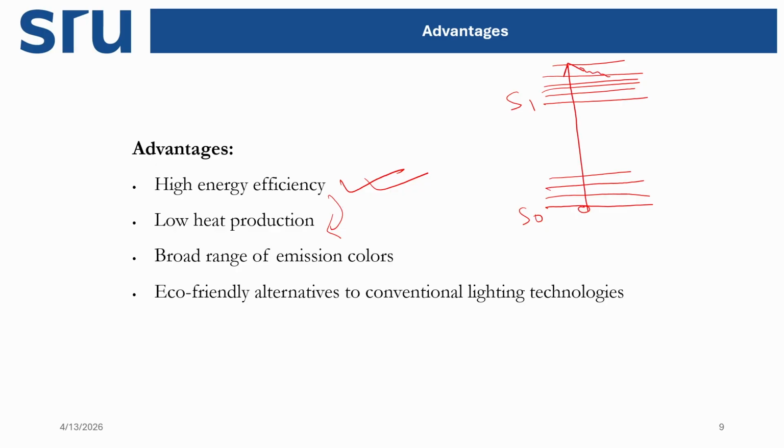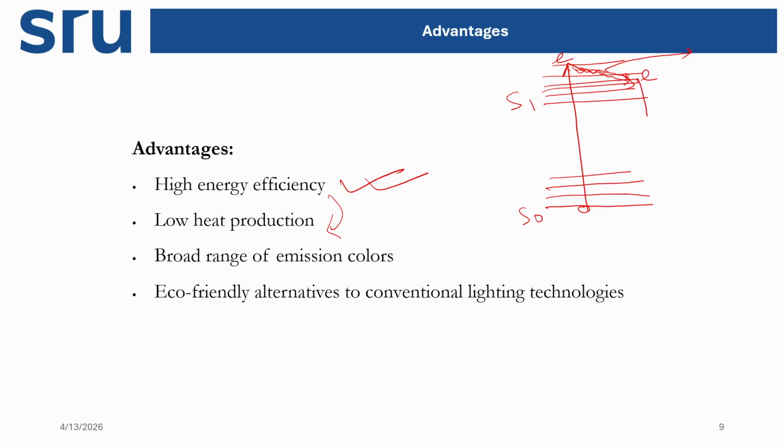Then the electron comes from this high energy state to this high energy state, and the emission of this energy may be non-radiative, in the form of heat.